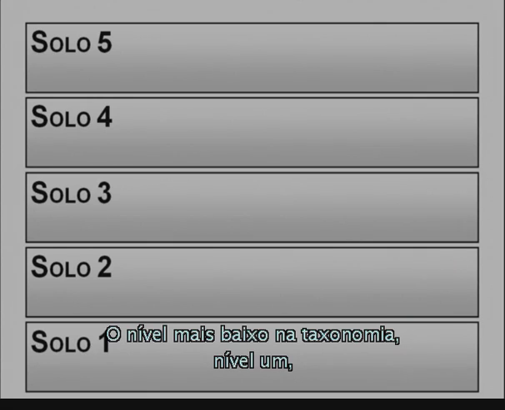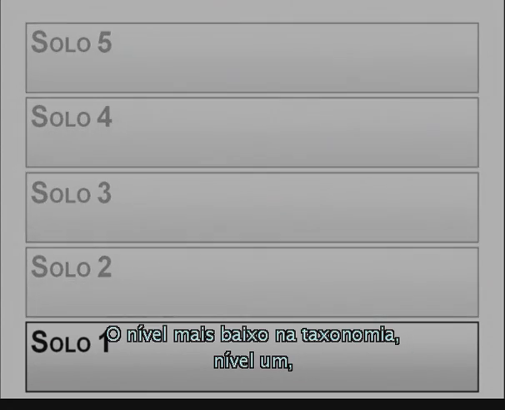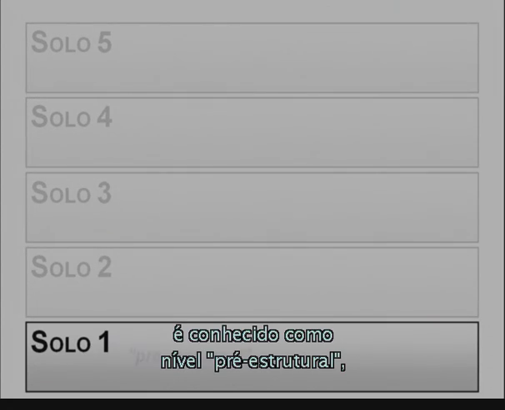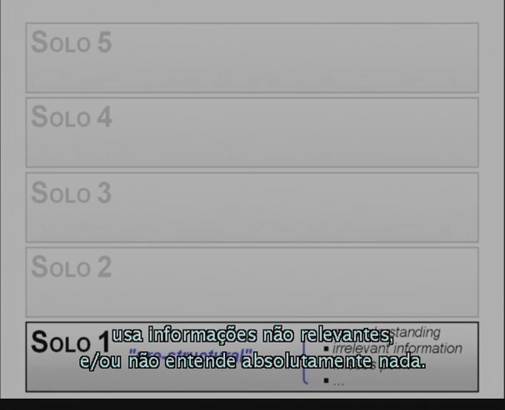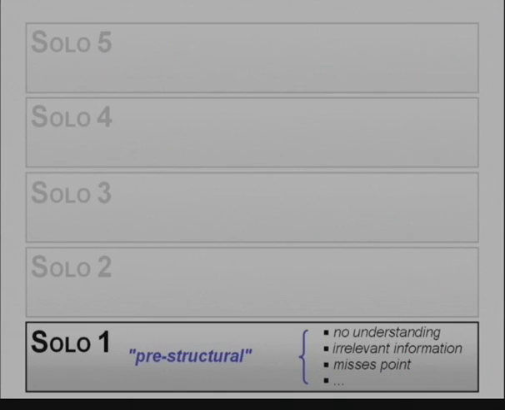The lowest level in the taxonomy, level 1, is known as the prestructural level, at which the student has no understanding, uses irrelevant information, and or misses the point altogether.